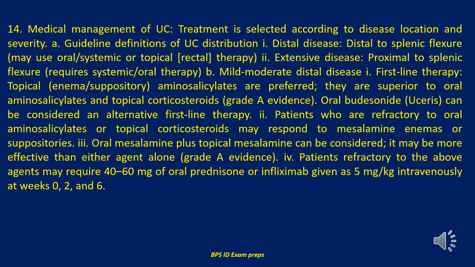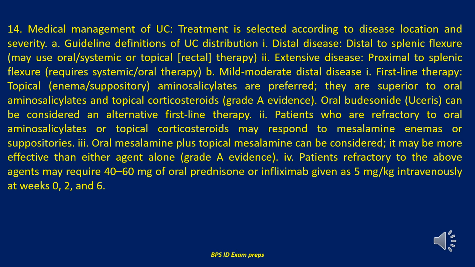B. In the case of mild to moderate distal disease: 1. The first-line therapy is topical, that is an enema or suppositories. Aminosalicylates are preferred. They are superior to oral aminosalicylates and topical corticosteroids. This is a greater evidence. Oral budesonide, marketed as Uceris, can be considered an alternative first-line therapy. 2.